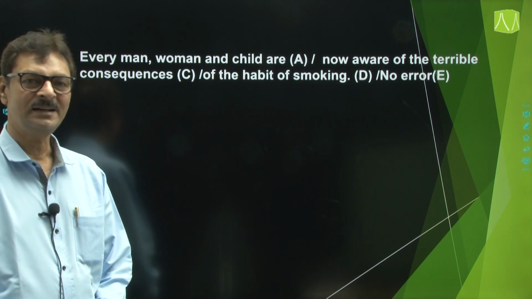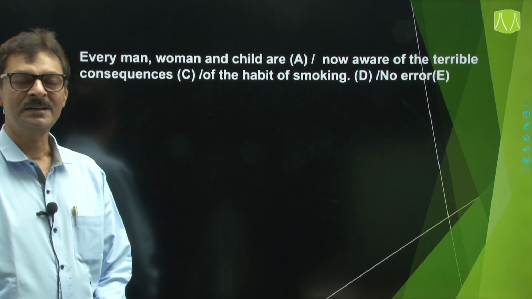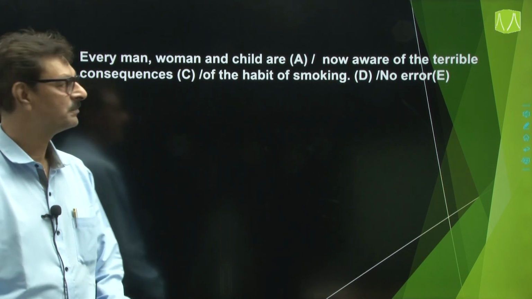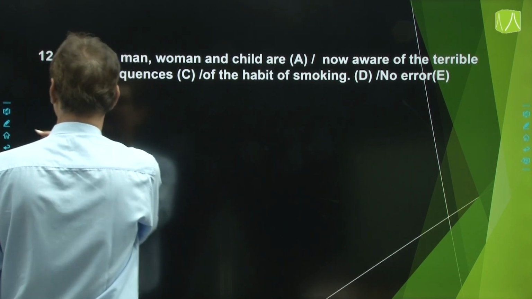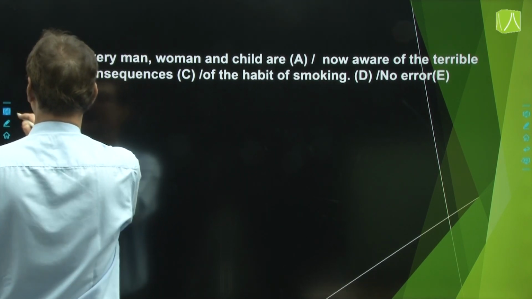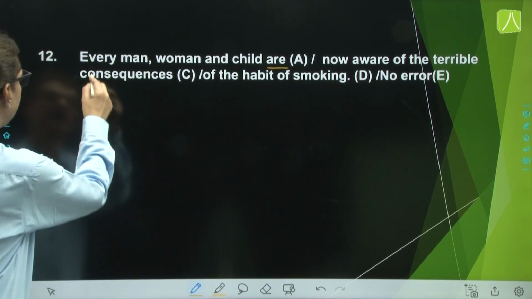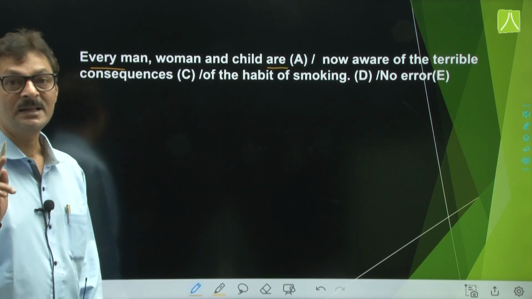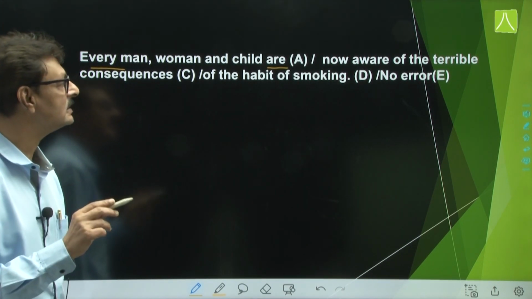Straight, मिल गया, मिल जाना चाहिए. Each, every. The verb is singular. See over here. Every man, woman and child are. So do you feel this are is correct? क्या लगता है ये are correct है यहाँ पे? Every should take singular. So every man, woman and child is now aware.